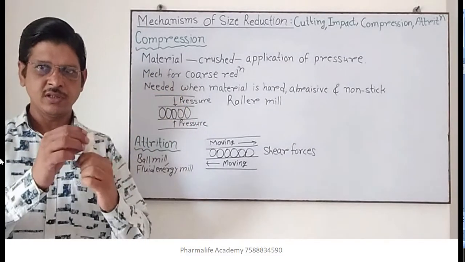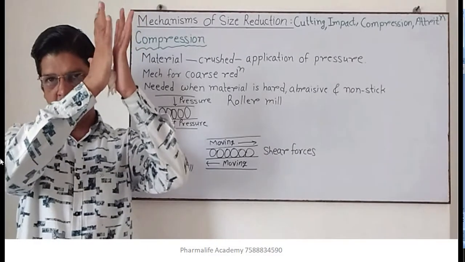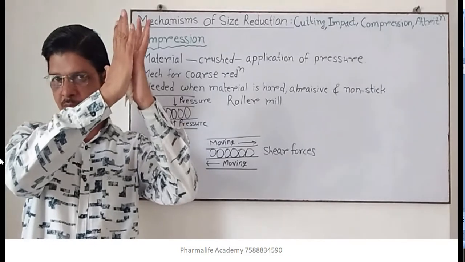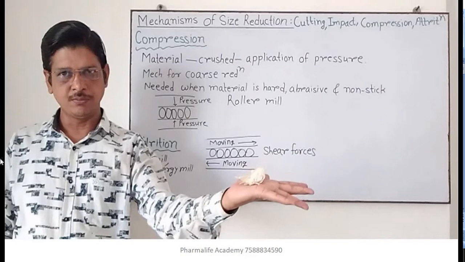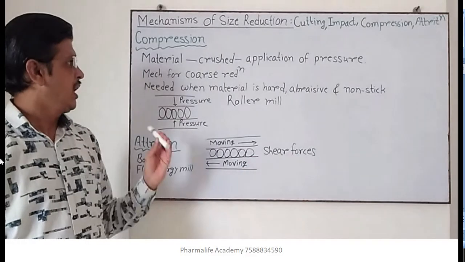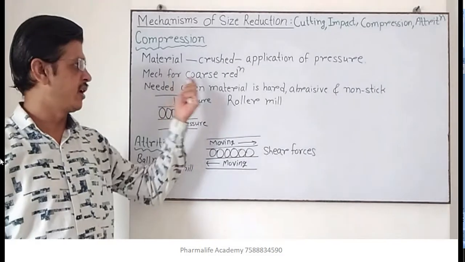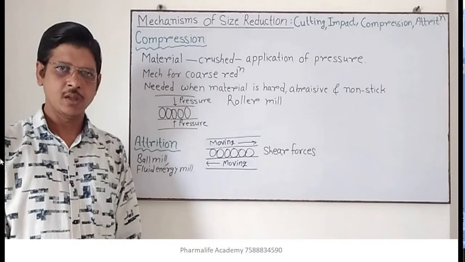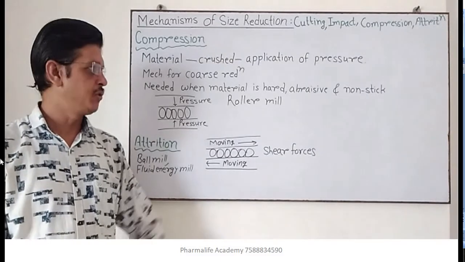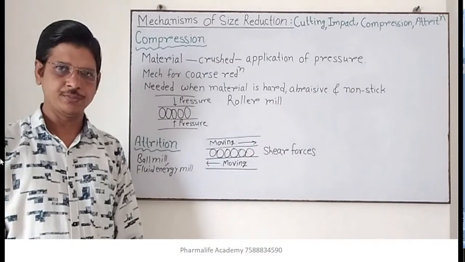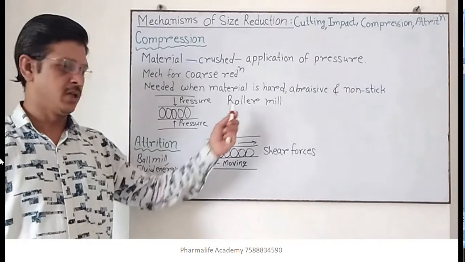When I press this bulb in between my palms, I apply pressure on the garlic bulb and there is size reduction of the bulb. The compression mechanism gives coarse size reduction. It is used when the material is hard, abrasive and non-sticky. This mechanism is used in roller mill.